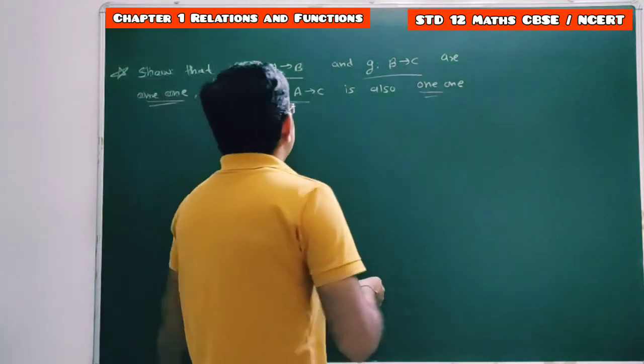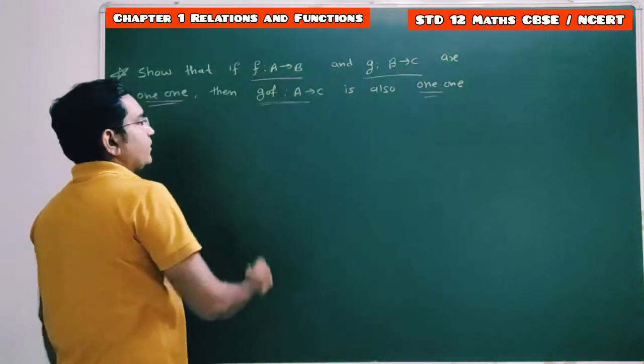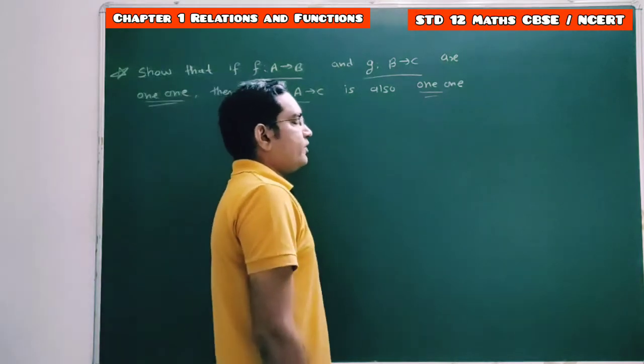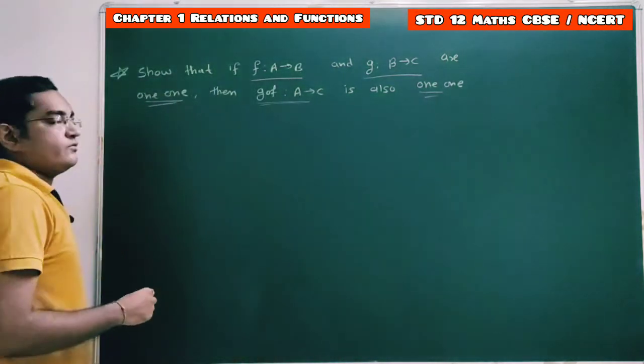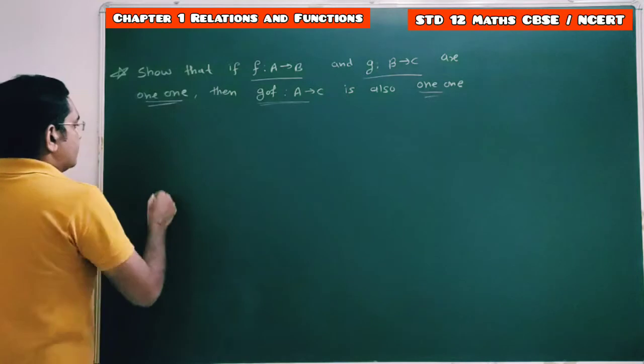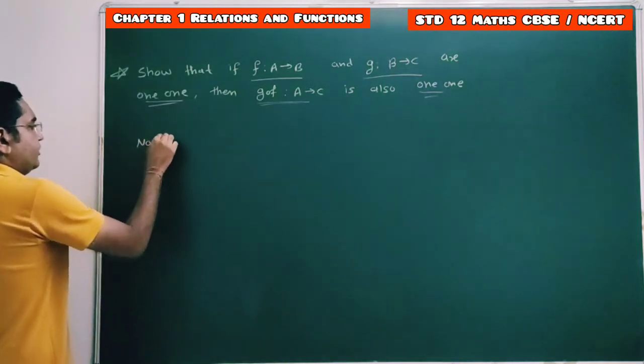Done. Here we are given that function f from A to B is a 1-1 function. We have already discussed how to prove that a given function is 1-1.